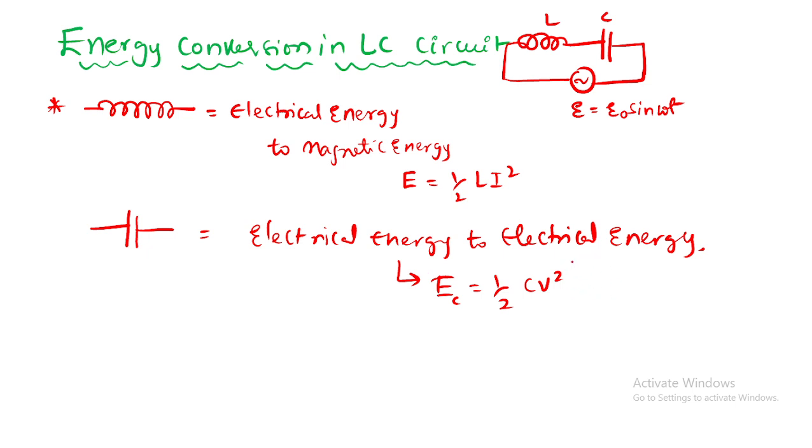All those things you can write, but one formula I am writing here: the inductor will store magnetic energy, half L i square, and the capacitor mostly stores electrical energy. Any difficulty? No. This is an expression used for problems.